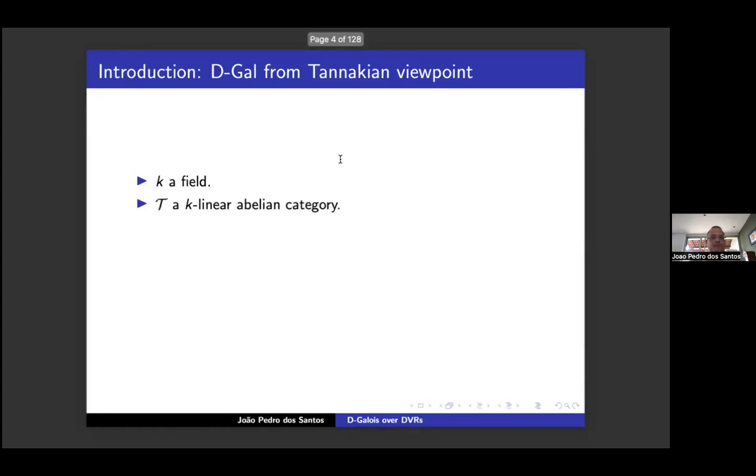So I take a field and I take some category which is K-linear. A K-linear category is just some category where you are allowed to multiply morphisms by scalars, so the morphisms between two objects are just vector spaces. Then you have a functor, which is the tensor product, and the tensor product is assumed to be ACU, which means associative, commutative, and has a unity.